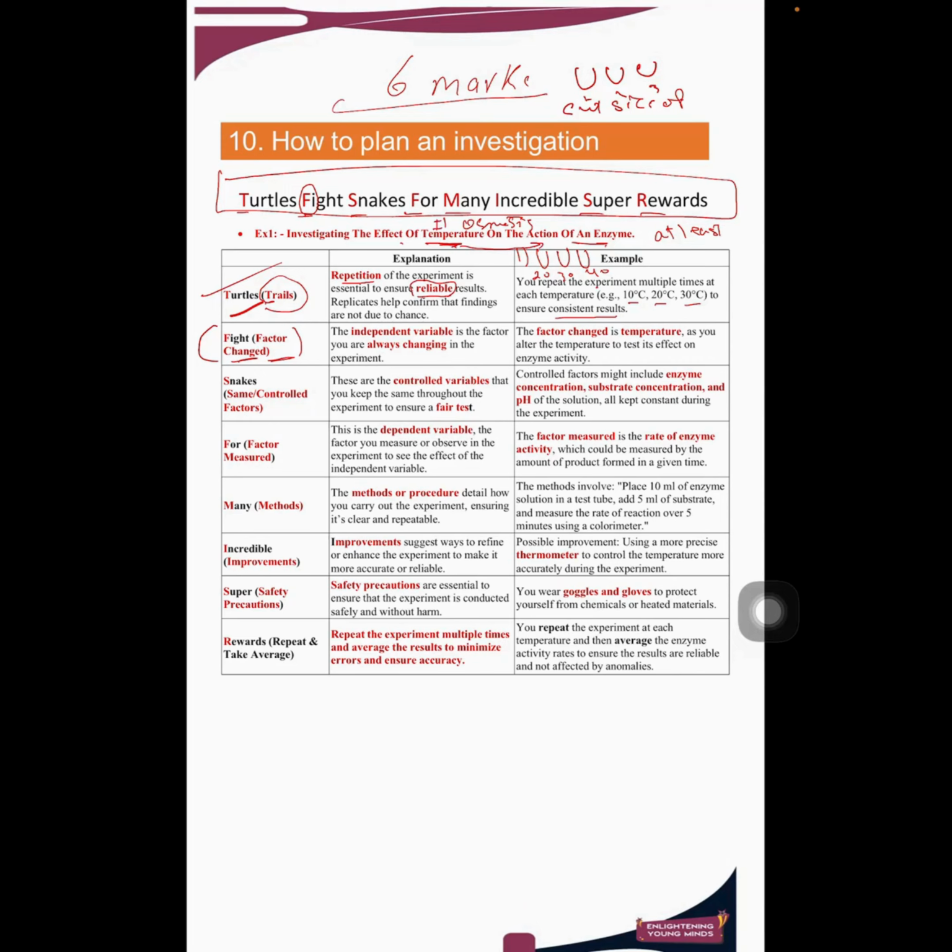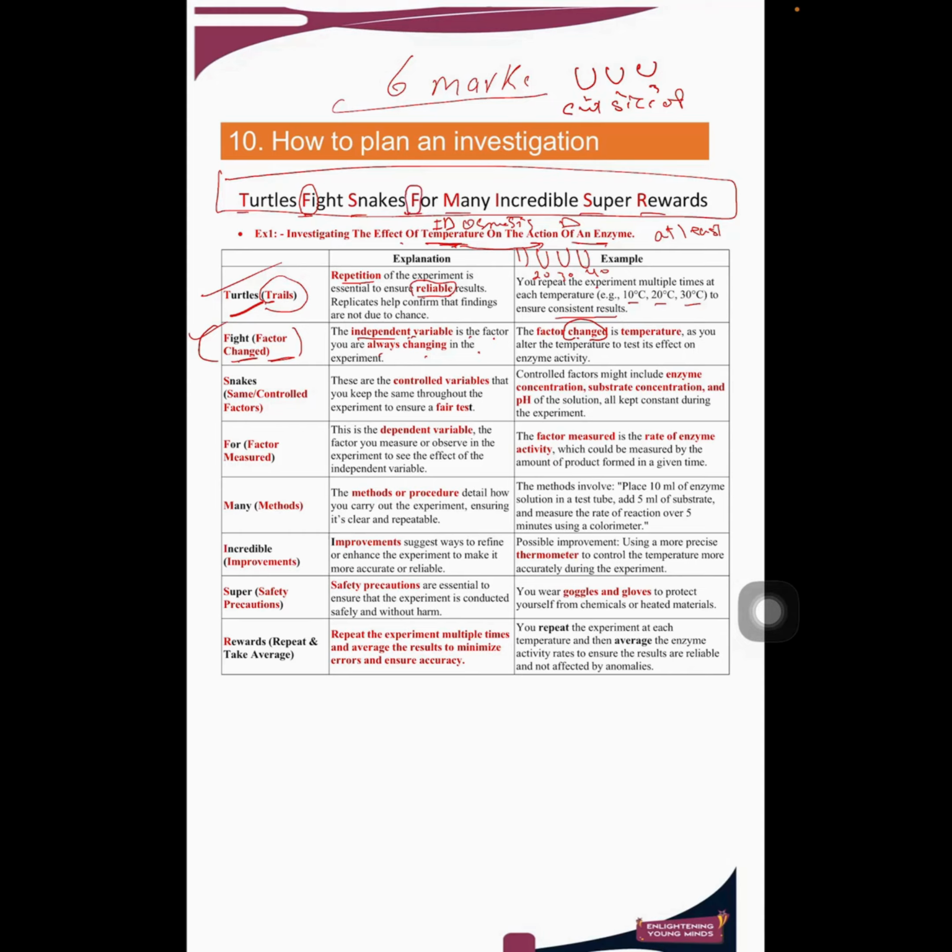So the temperature is my independent variable, the action is my dependent variable. So you will write this: the independent variable in this experiment is temperature. Don't say the factor you change, say the independent factor. So you get the second point, your ability to understand what the independent variable is.